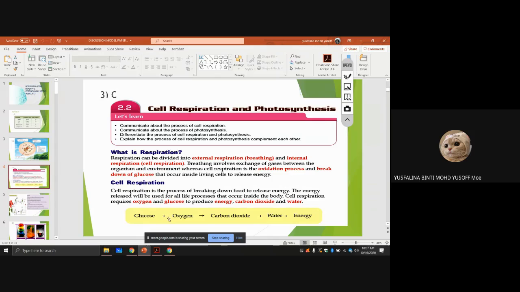It needs oxygen here, so we call it an oxidation process, the breakdown of glucose that occurs inside living cells to release energy. When glucose is oxidized by oxygen, it will produce energy, and other than energy, also carbon dioxide and water. So this is cell respiration.